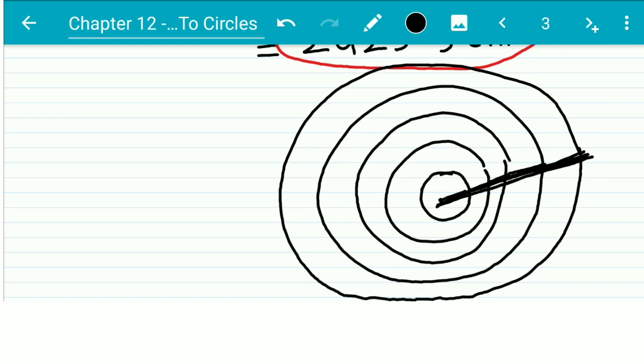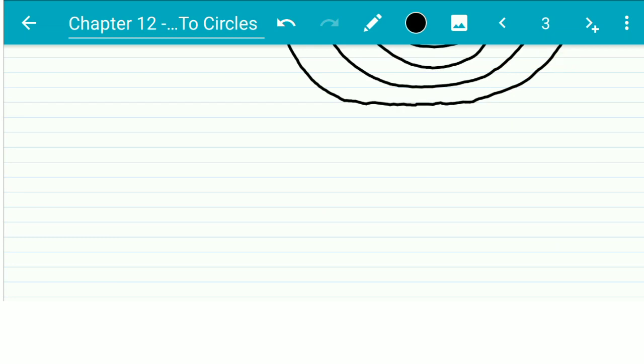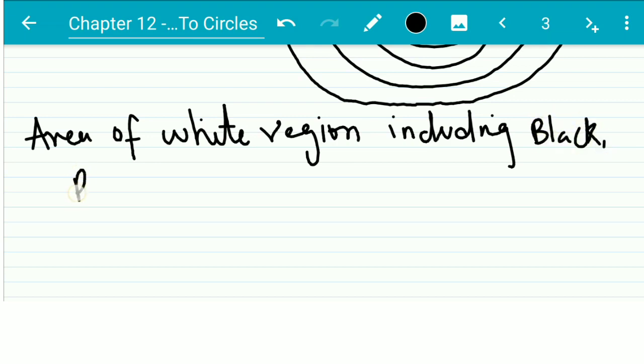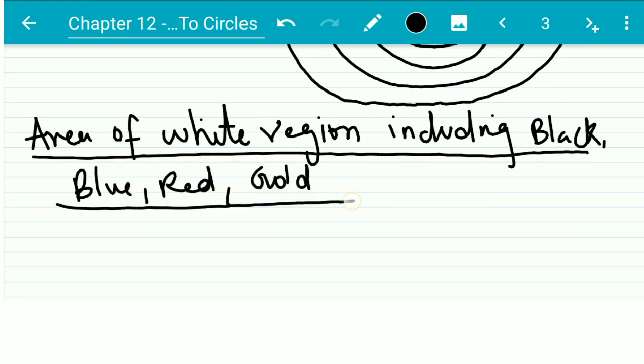Then only we will find the radius of the full circle. So the last heading is area of white region including, what all things are there in white region? All the other regions including black, then blue, red, gold. This is the last side heading.